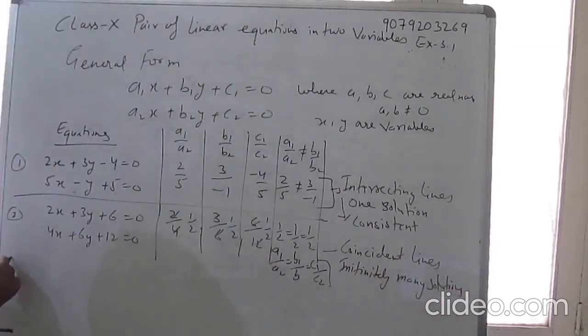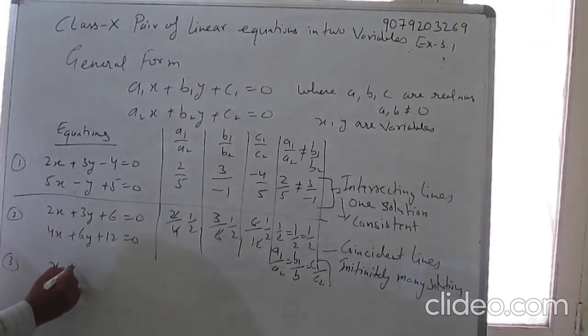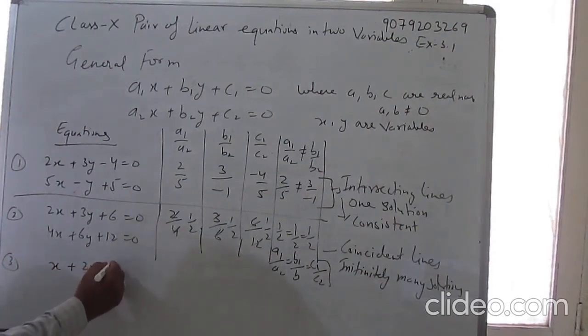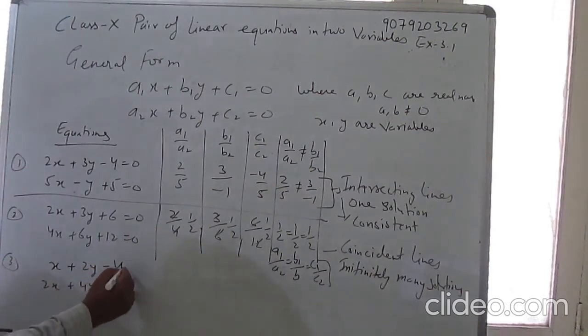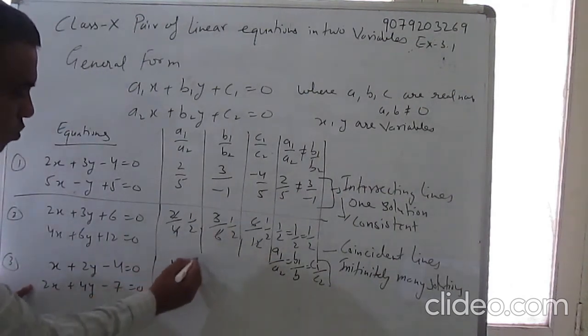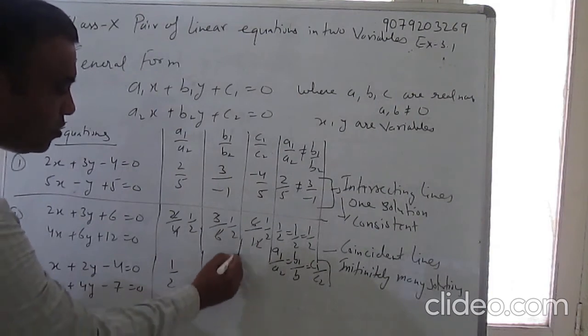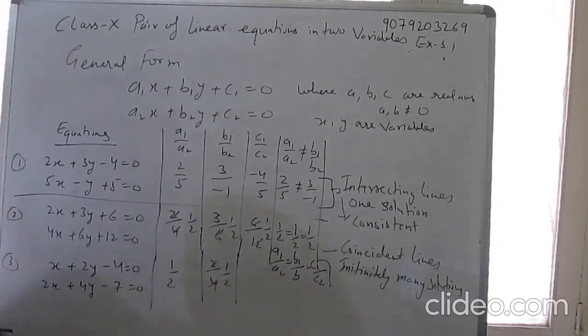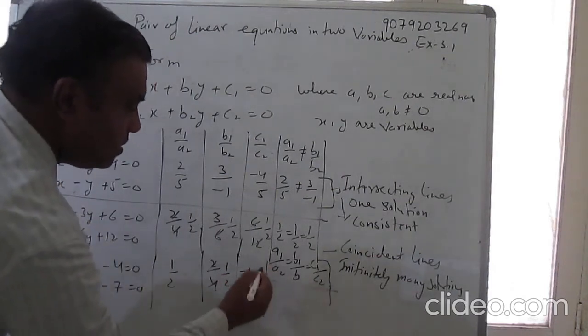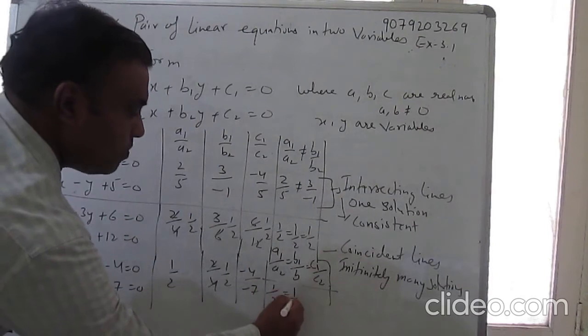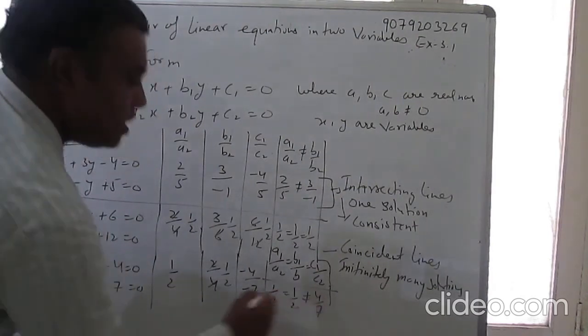Last condition, the third: if I take x plus 2y minus 4 and 2x plus 4y minus 7 is equal to 0, then 1 upon 2, 2 upon 4, it also becomes 1 by 2, and minus 4 by minus 7. Here you see that 1 by 2 equals 1 by 2 not equals 4 upon 7.